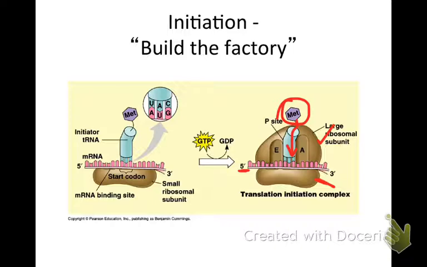And this starts the production of a protein. Let's highlight the large subunit is aligned with the methionine up here in the P site. That's why we can't see it. It's covered up. It's sitting in the P site. And then the A site is open over here for the addition of the next tRNA.